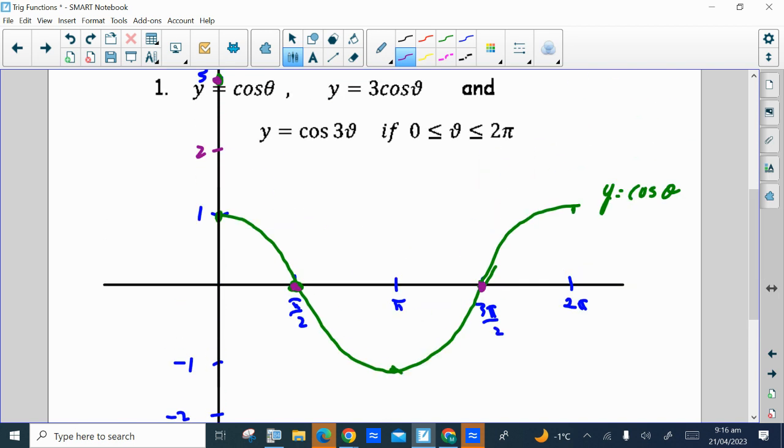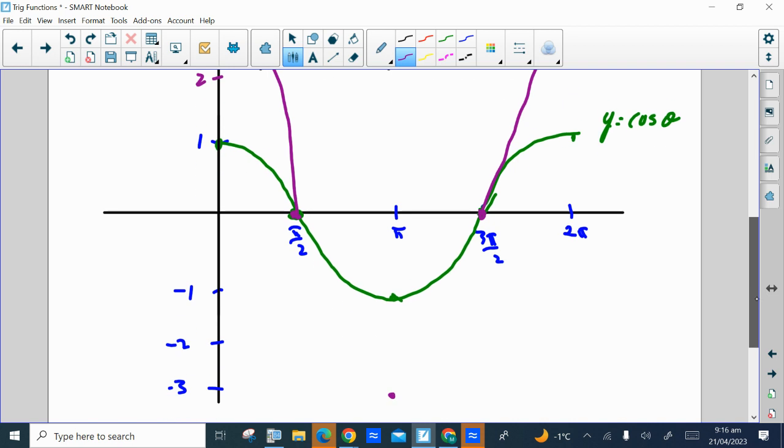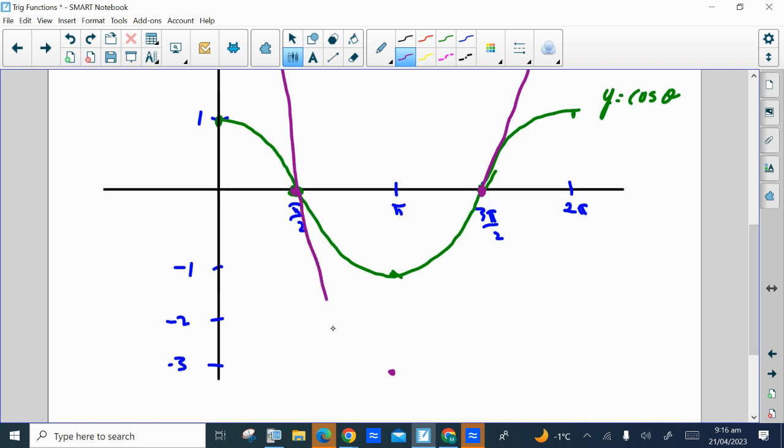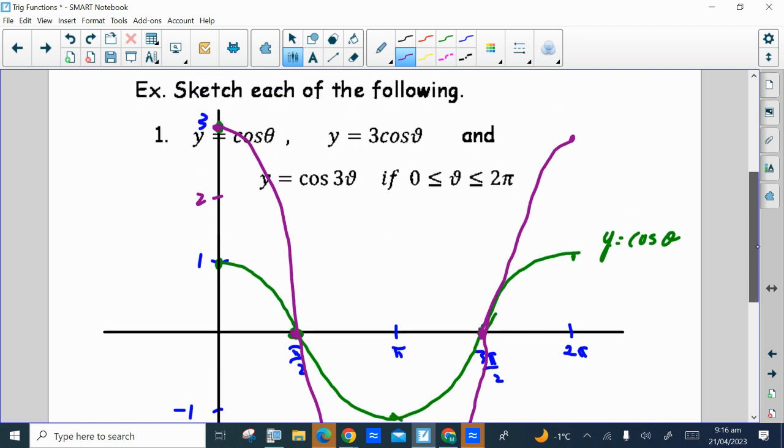And the x-intercept, where y is 0, stays invariant because 0 times anything is 0. Right, so there's the graph of 3 cos theta.